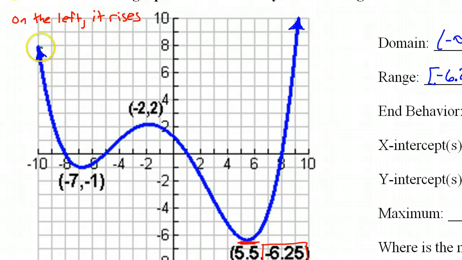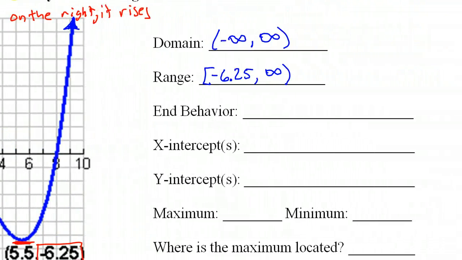Well, on the left, it rises. It's going up. What about on the right? Well, on the right, it also rises. It's pointing up on both sides. So on the left, it rises, and on the right, it rises. So it's just a matter of turning that into math symbols.